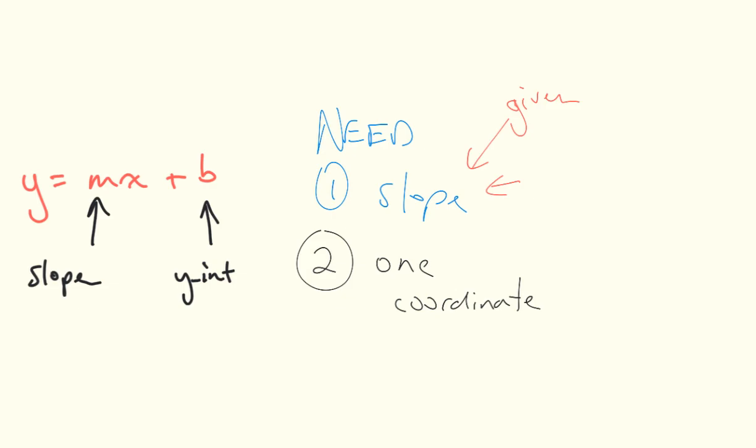Very often you'll have to calculate it using the slope formula m equals y2 minus y1 over x2 minus x1. That's the rise over run formula. And sometimes you may have to glean that information based on knowing that your line is parallel to another line or perpendicular to another line.